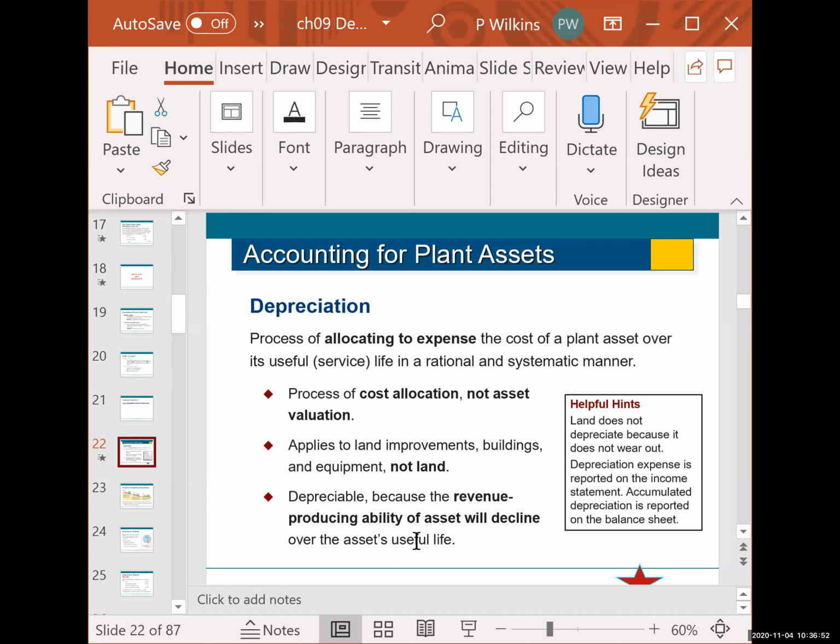It's just to have the revenue producing ability of an asset recognized over the decline, because its revenue producing ability is going to decline over the asset's useful life. And it applies to land improvements, buildings, and equipment, but not land. Land does not depreciate. We already talked about that.